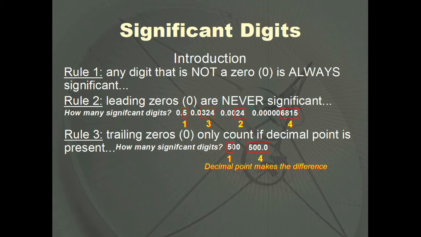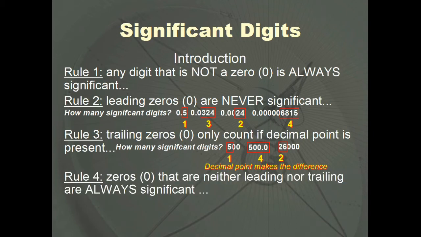Why? Well, the decimal point makes all the difference. Let's take another number. What about 26,000? There is no decimal point, hence my trailing zeros are non-significant, and I have only 2 significant digits. Well, rule number 4.